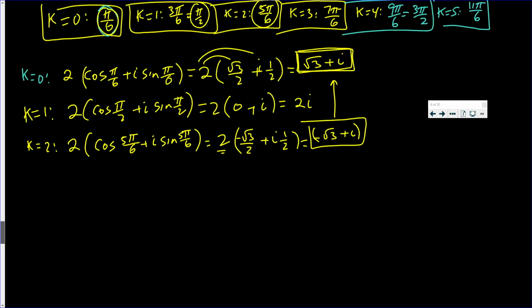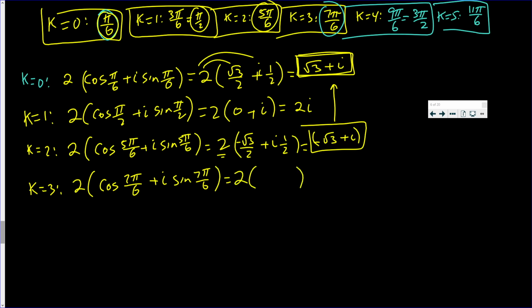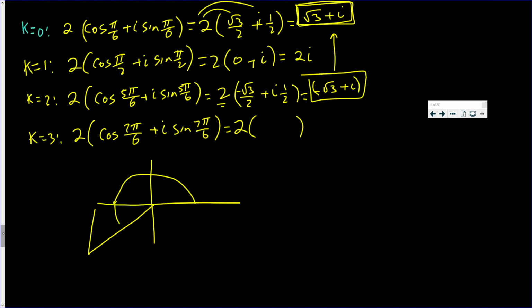When k is 3, the angle is 7 pi over 6. So when k is 3, I get 2 times the cosine of 7 pi over 6 plus I times the sine of 7 pi over 6. Well, what is 7 pi over 6? Once again, that's 6 pi over 6, or pi. I have to go pi over 6 further. So this reference angle is pi over 6, 30 degrees.